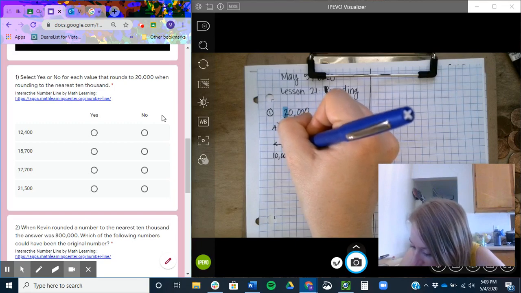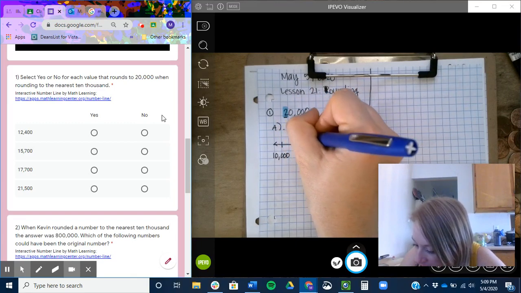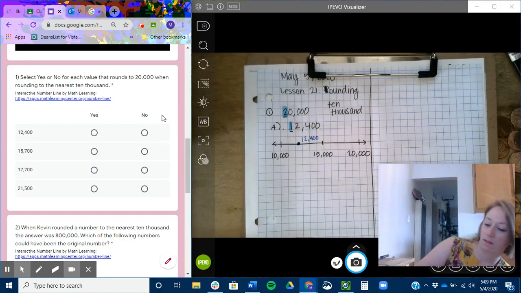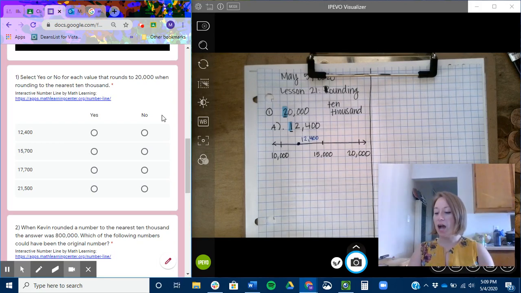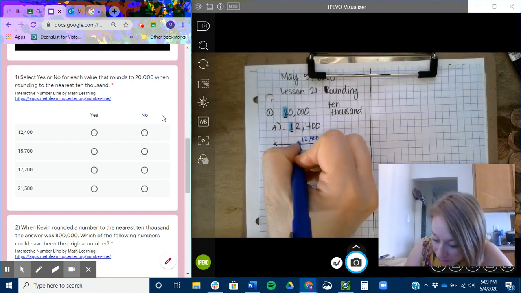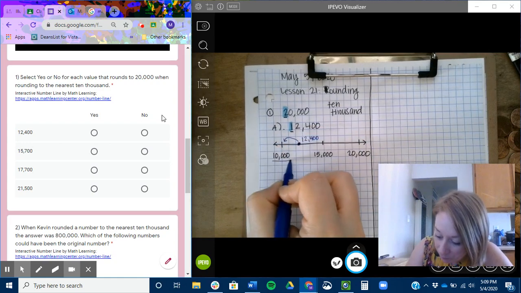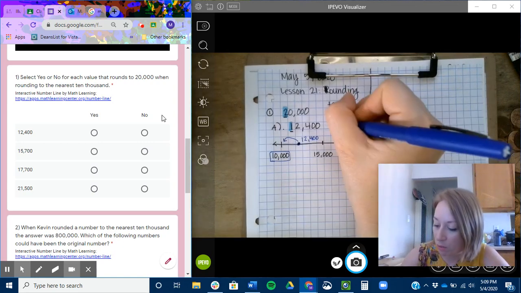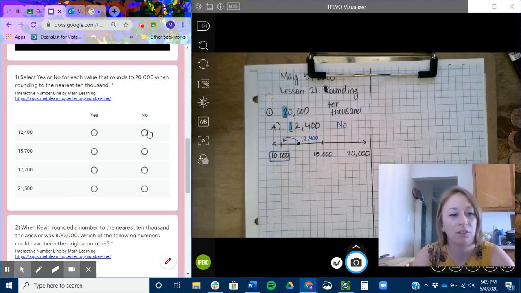I think 12,400 is in between 10,000 and 15,000. However, it still looks like it's closer to 10,000. So when we round 12,400 to the nearest 10,000, would it be 20,000? No. Go ahead and select no as your answer for the first choice.